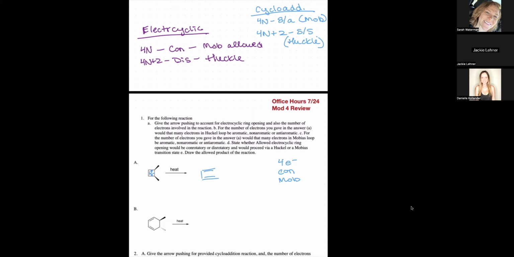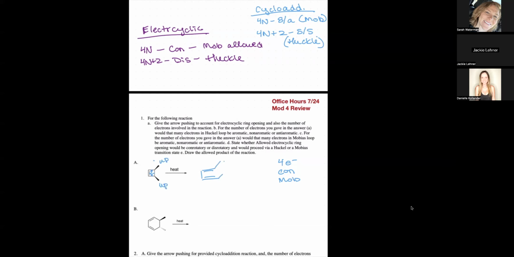And then, what's going to happen with our methyl groups? They're going to be opposite. One in and one out. Okay, perfect. And this is because this is up and up, correct?